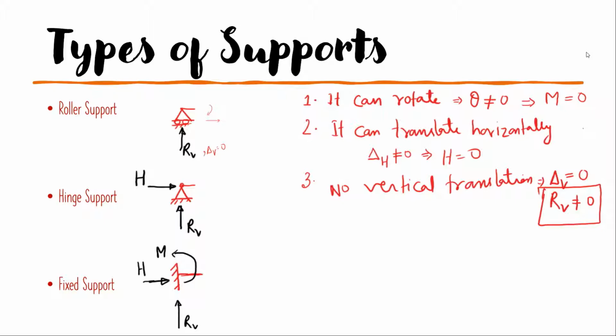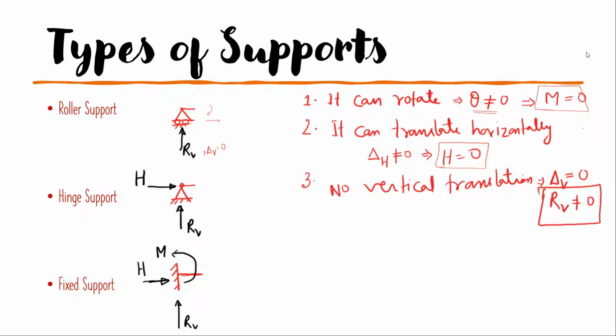Here we can see the first point we mentioned, that it can rotate. So slope is not 0 because rotation is possible, and then no moment would be induced to resist it. Second, it can translate horizontally, so horizontal displacement is not equal to 0, therefore the reaction in the horizontal direction is 0.